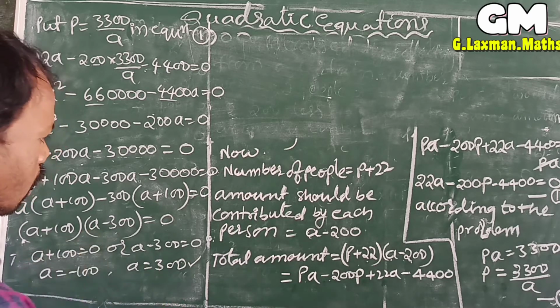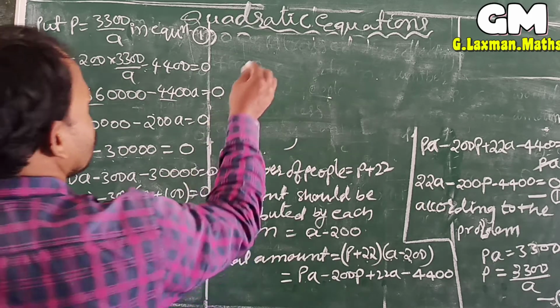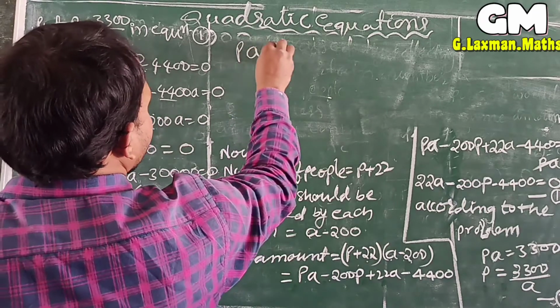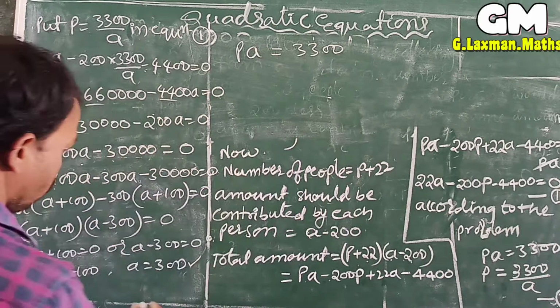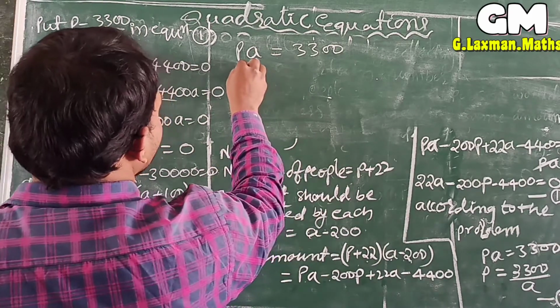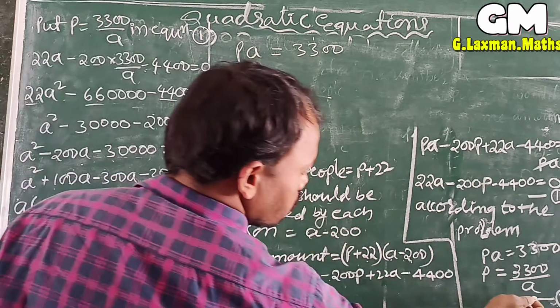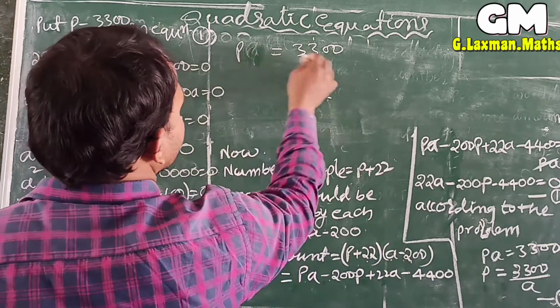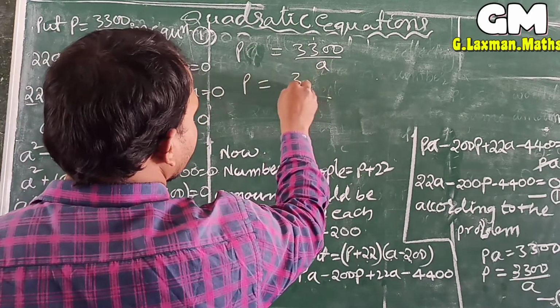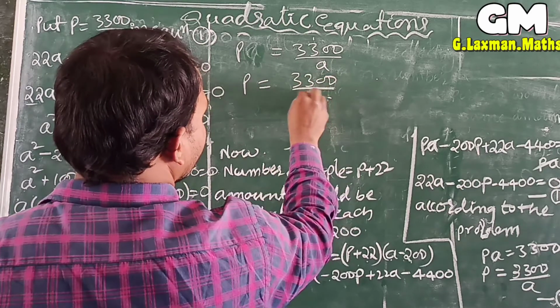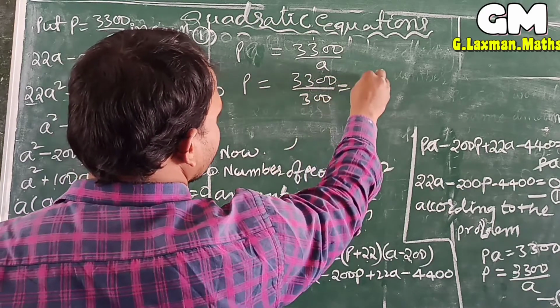We know that PA is equal to 3300, and from equation 2 directly P is equal to 3300 by 300, that is equal to 11.